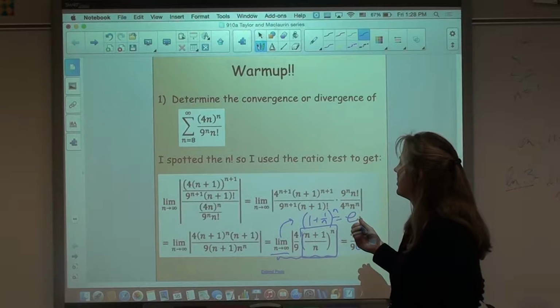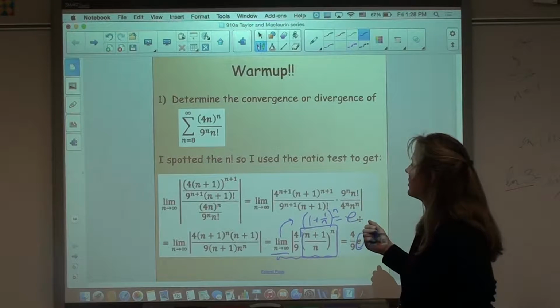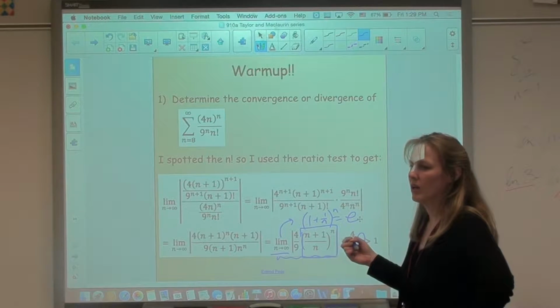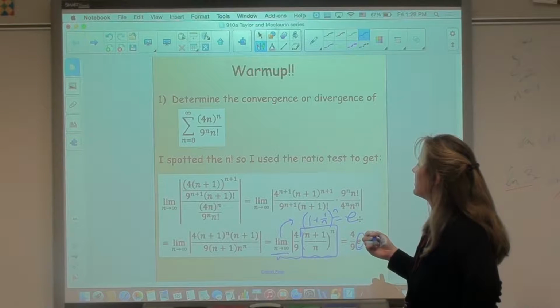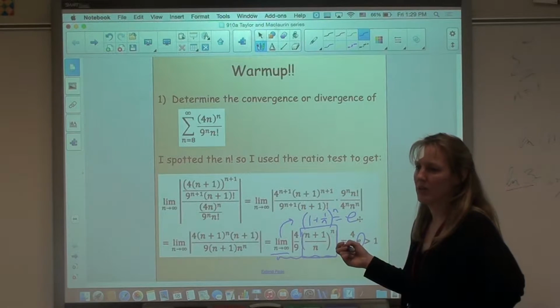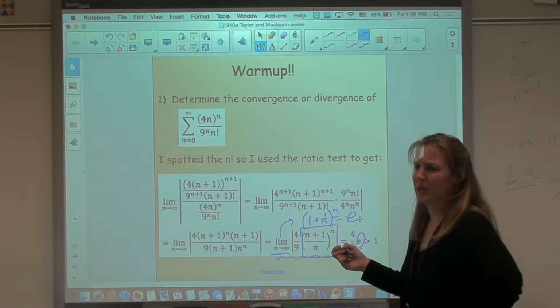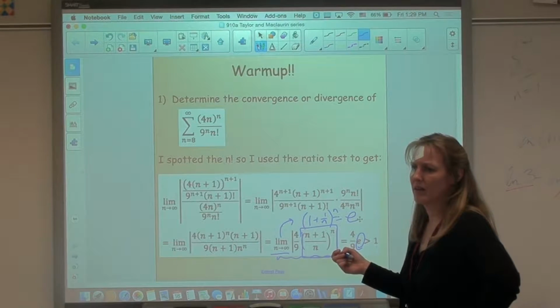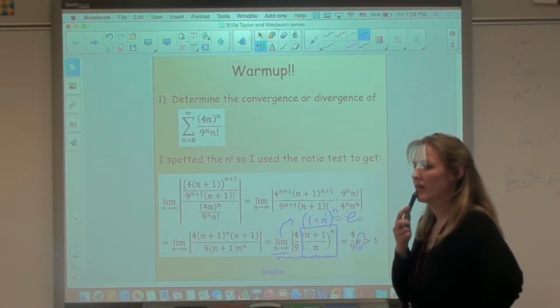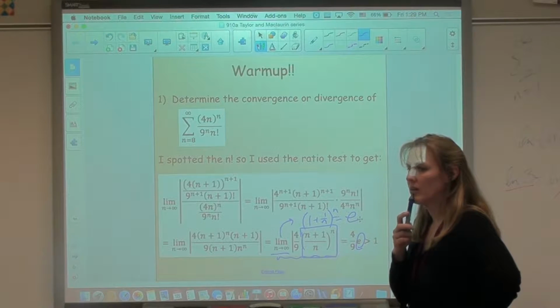Then there's the nth root of n factorial. Well, if you did n factorial to the 1 over n power, then that makes the 1 over n go to 0 and the n factorial go to 1? Is that mathematically sound?